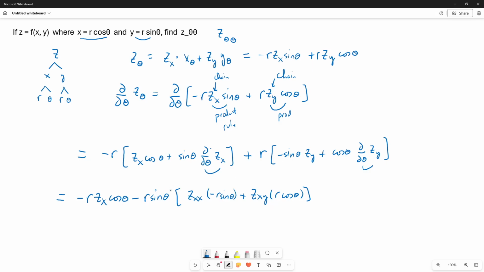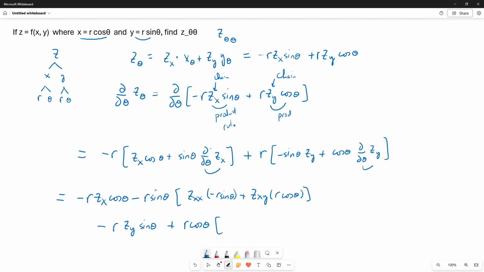And now we have plus the second piece. So we have plus, and then I'll distribute the r. So maybe that plus was a little premature here because we have negative sine theta. So we have minus r z sub y sine theta. And then we have plus r cosine theta. And now we have to do the partial derivative of z sub y with respect to theta using the chain rule.